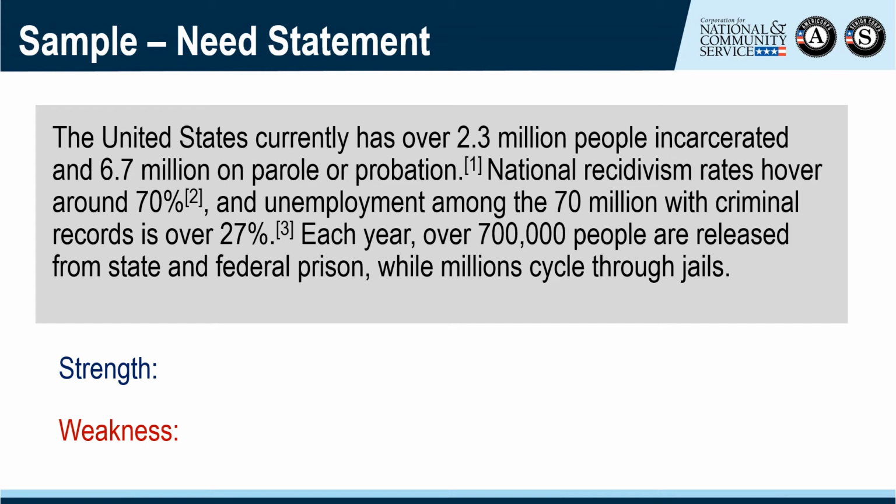Each year, over 700,000 people are released from state and federal prison, while millions cycle through jails. All right, so in terms of a strength, the narrative includes relevant statistics about the need, and it provides citations for the sources of that data.